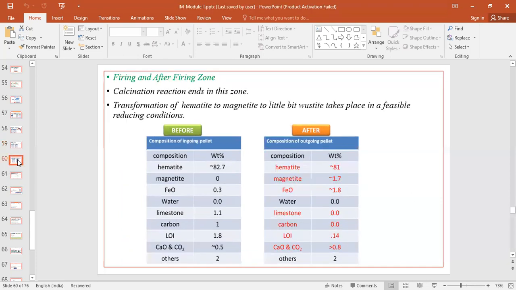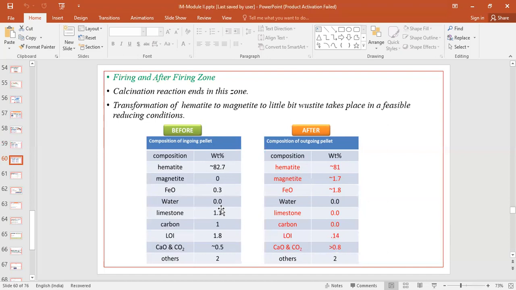Once it is moved to the firing and after-firing zone, the calcination reactions completely end, and there is a slight possibility that, because of the high temperatures, when it reaches the firing and after-firing zone, which is almost 1000 to 1100 degrees centigrade, the maximum temperature, there is a slight change in the phases.